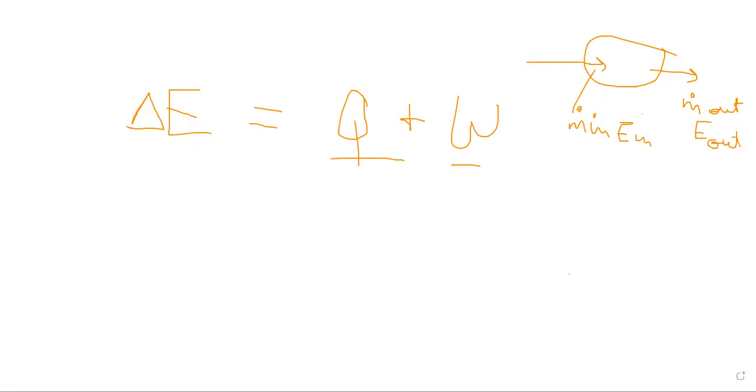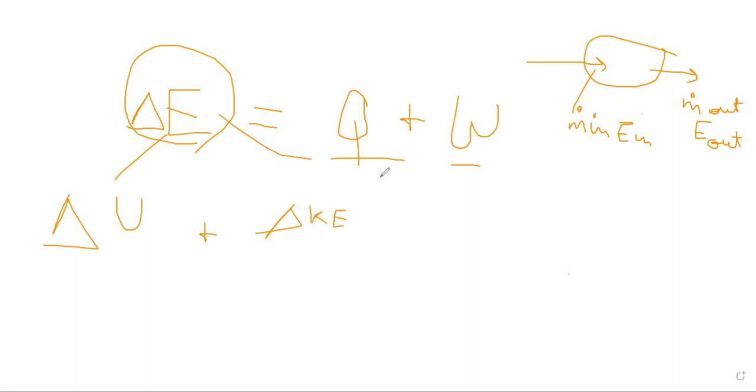Now, if we want to expand the energy term delta E, it can be divided into several forms: internal energy, kinetic energy, potential energy, etc. Depending on the application, for example in heat transfer processes, we mainly focus on the change of the internal energy.